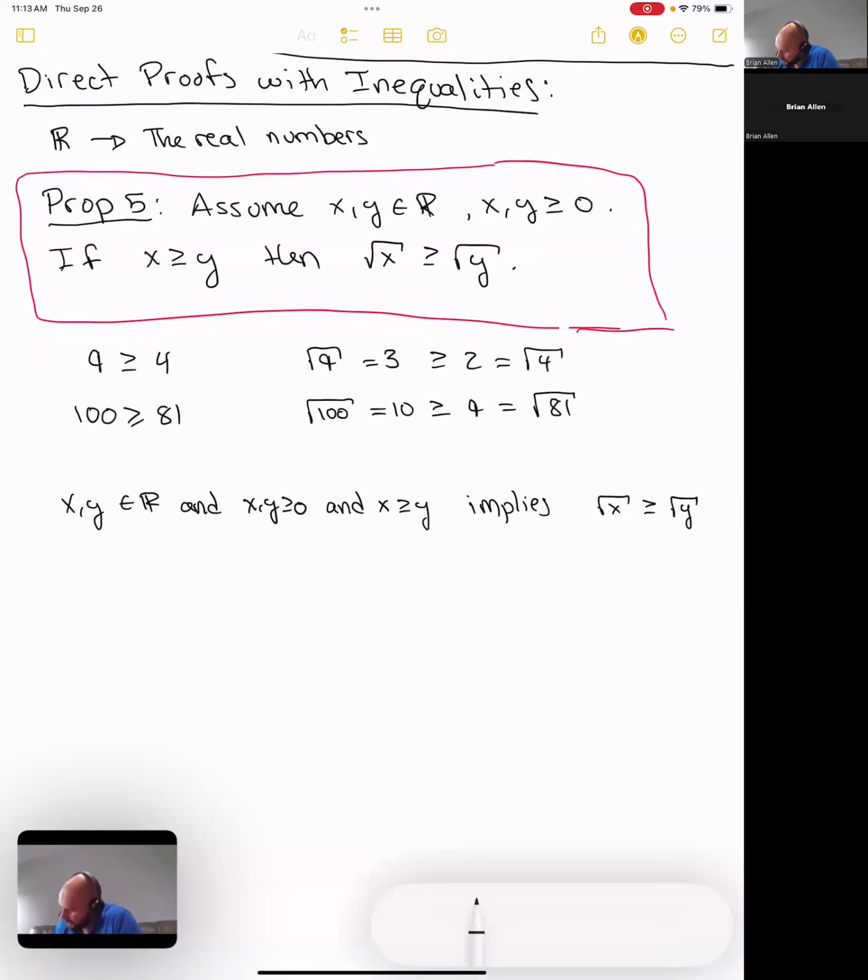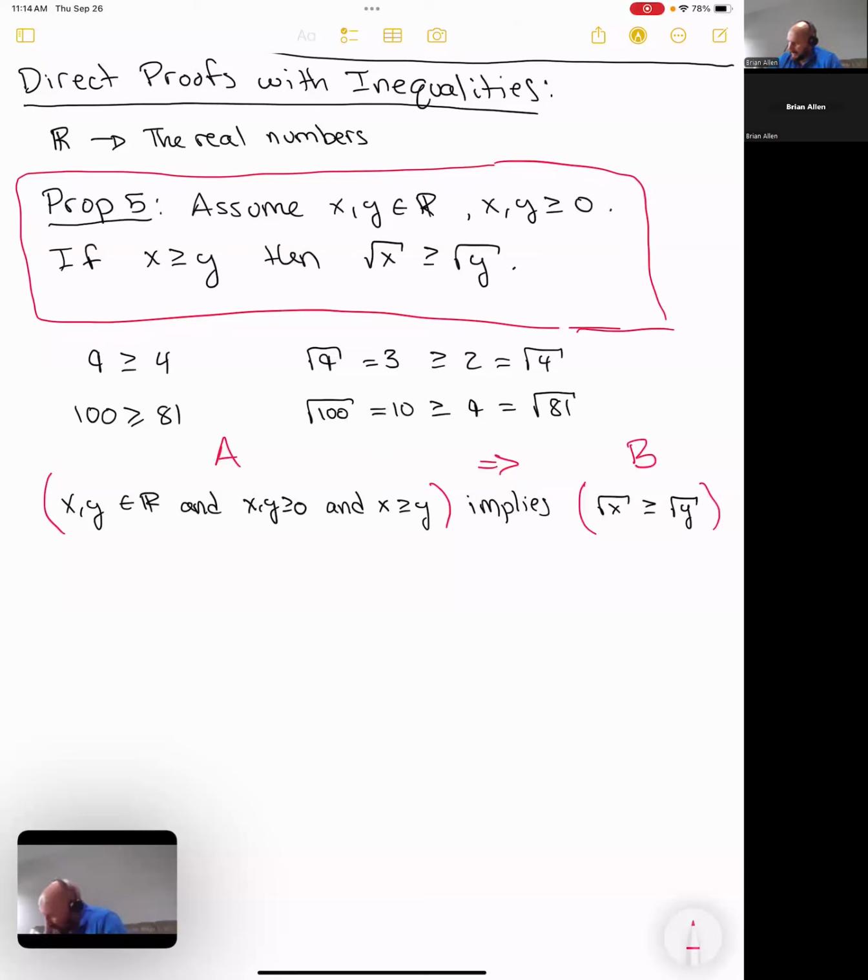Here the logical structure is that this entire first part is what I'm going to call A, and that statement implies the conclusion, which is B. Sometimes A, the first part of the implication, can be a composition of a few different things. So x and y have to be real, they have to be non-negative, and x has to be bigger than y. There are three assumptions that go into the first part of the implication, and then it implies one conclusion, which is that the square root of x is bigger than the square root of y.